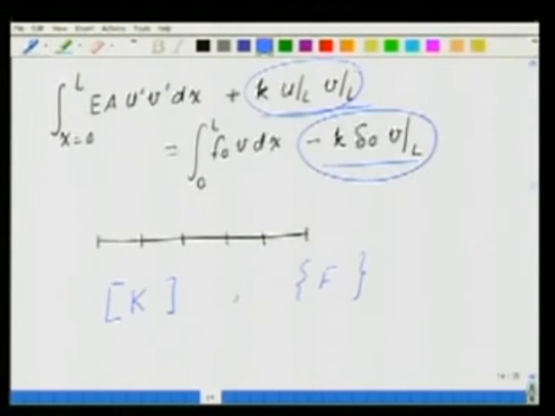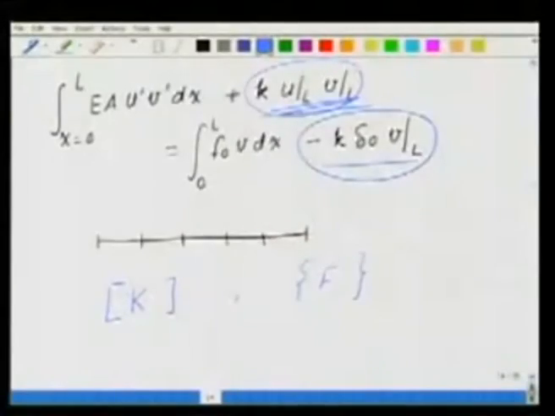Now, you see that this condition k u at L v at L will be something that we have to apply to the stiffness side. So, tell me in the stiffness for which phi, that is for which row, this part is going to cause a change. V at L, which v is non-zero at L?